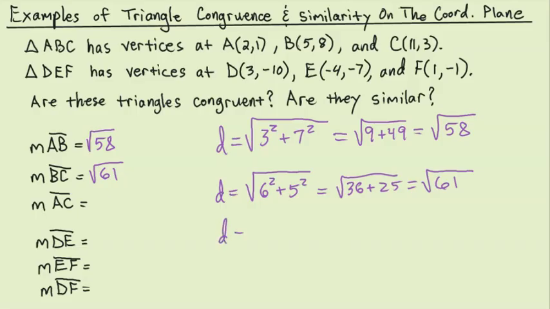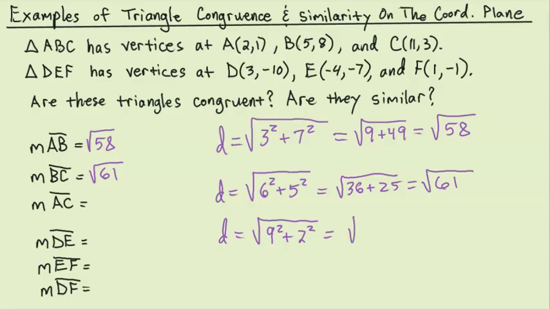So now let's do the length of AC. A is at 2, 1. C is 11, 3. So we're going to do the square root of, our x's are 2 and 11. 11 minus 2 is 9, so we're going to do 9 squared plus. Our y values are 1 and 3. 3 minus 1 is 2, so that's 2 squared.